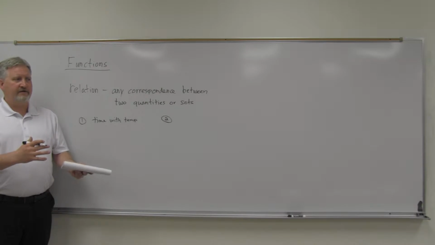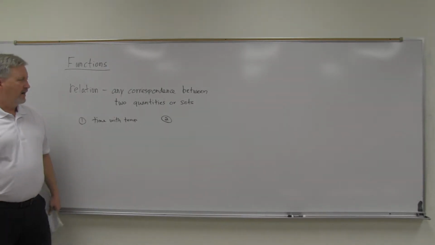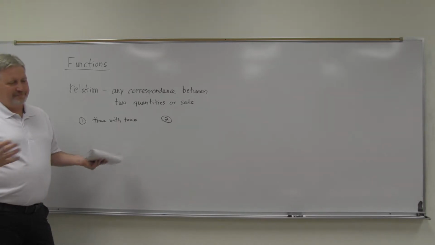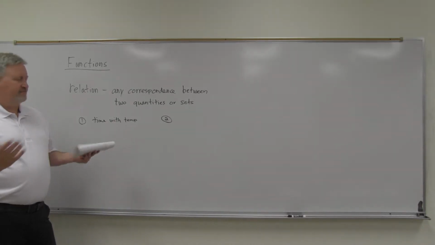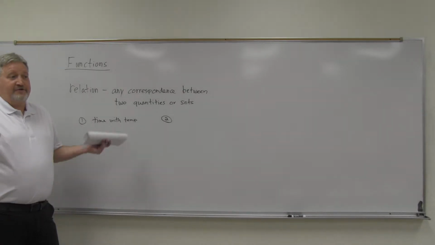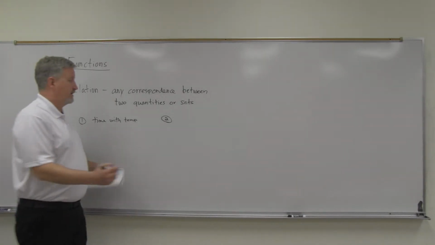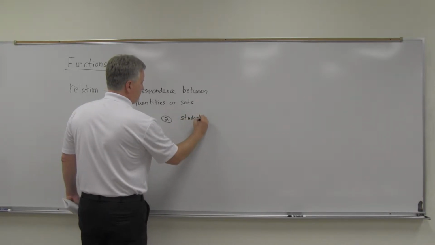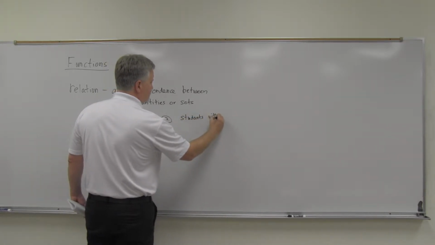That's a correspondence, so that's a relation. We'll focus on numbers, quantities with numbers, time with temp. But it could just be sets of, like here, let's say students with their classes they're taking.